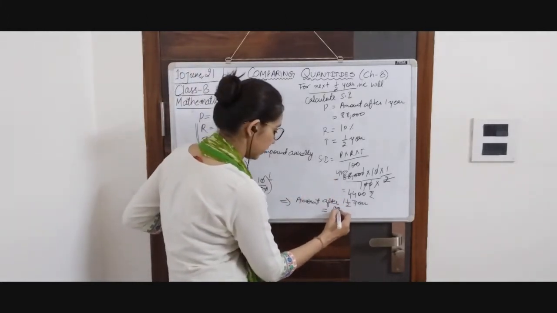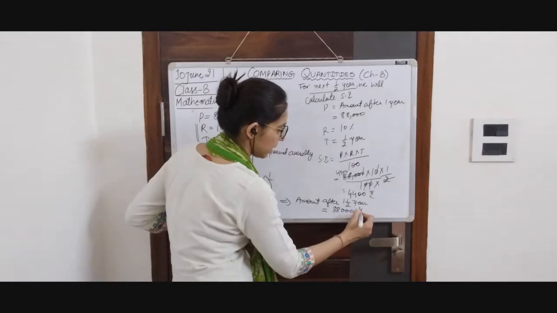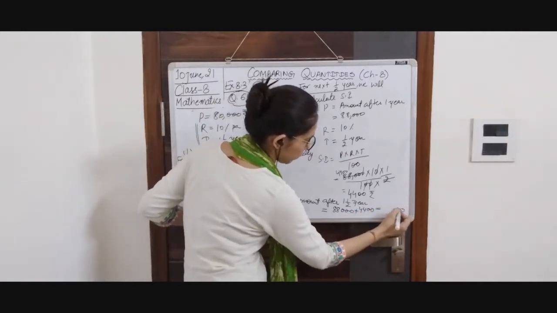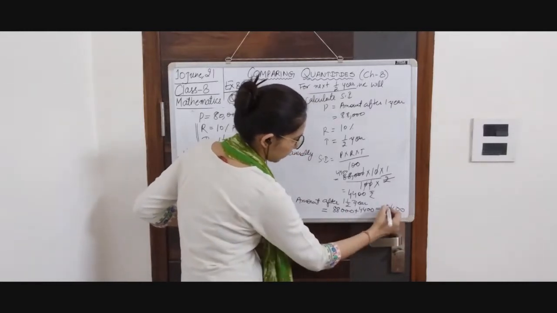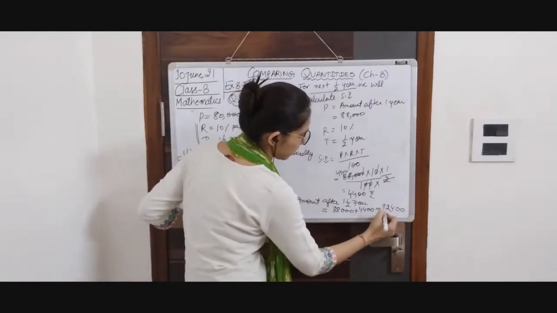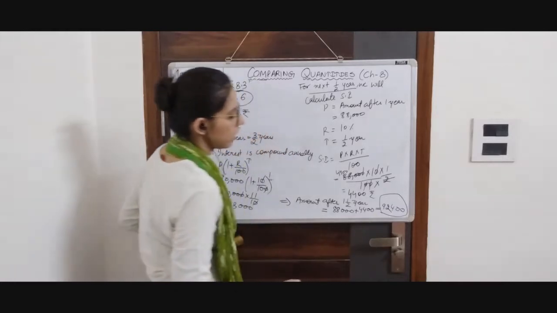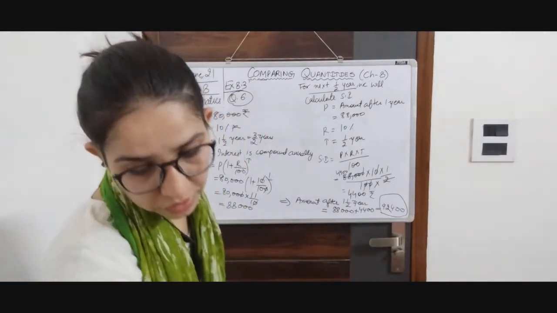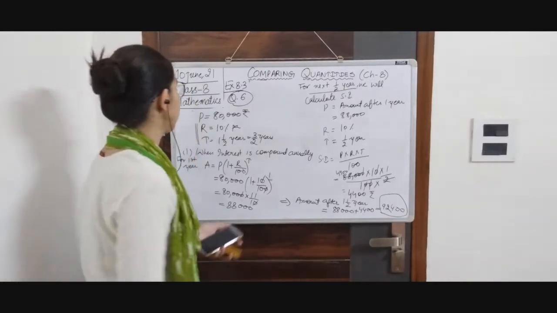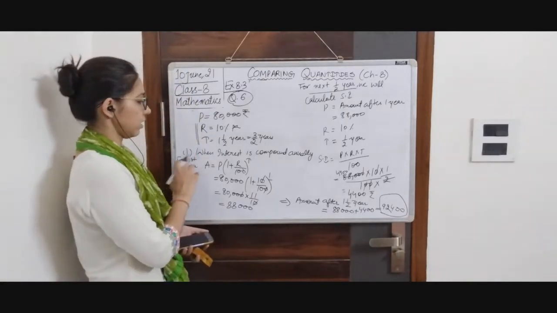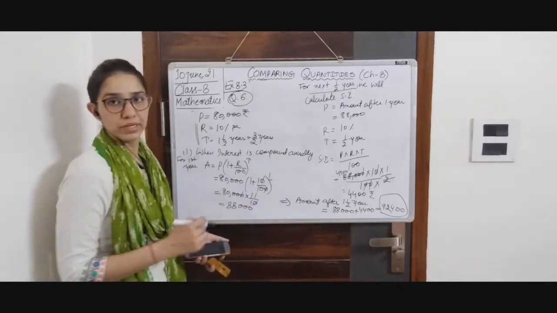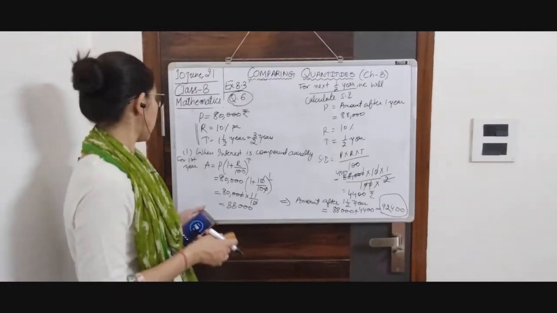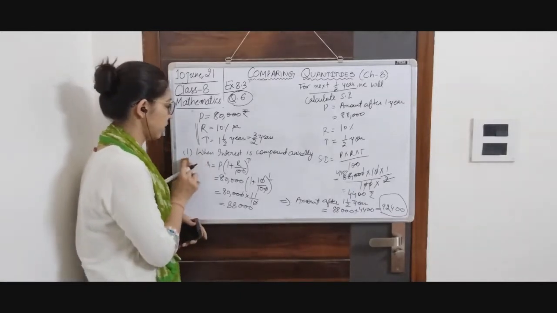It will be equal to 88,000 plus 4400, which will be equal to 92,400. Okay, this will be the amount he will be getting. This will be the amount he has to pay if interest is compounded annually. Okay, now we will talk about when interest is compounded half yearly.